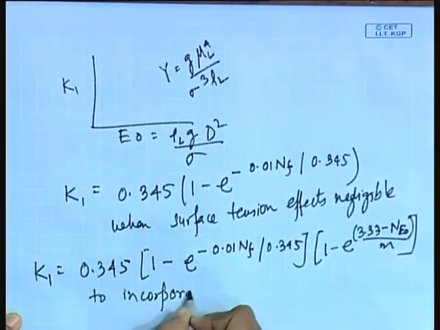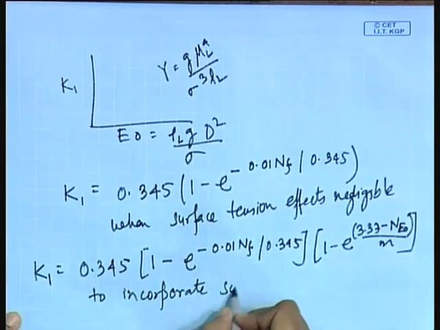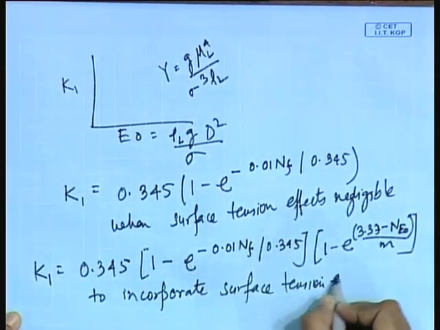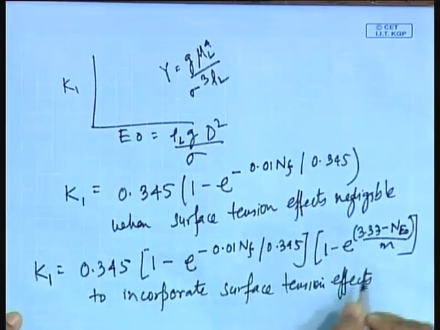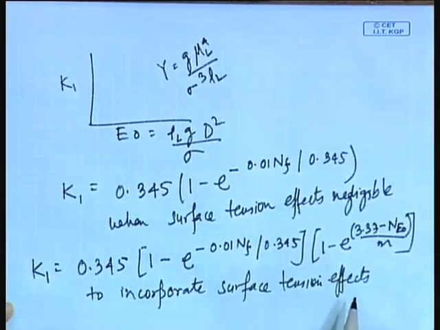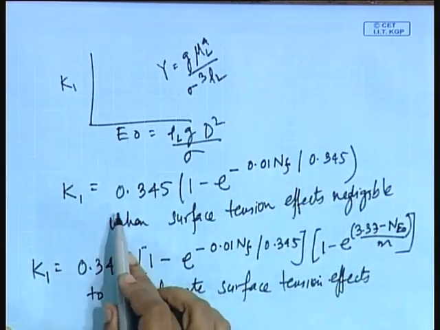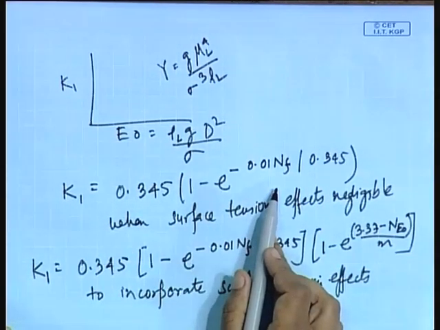So, the entire set of the curves which I have plotted down in the transparencies and shown you, a single analytical expression to merge all the curves is this particular expression, and usually when surface tension effects are negligible, then we can use this simplified expression when inertia and viscous forces are important.